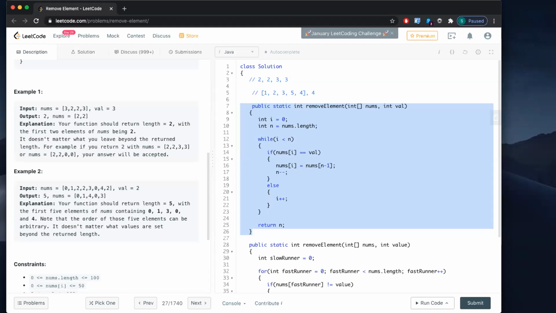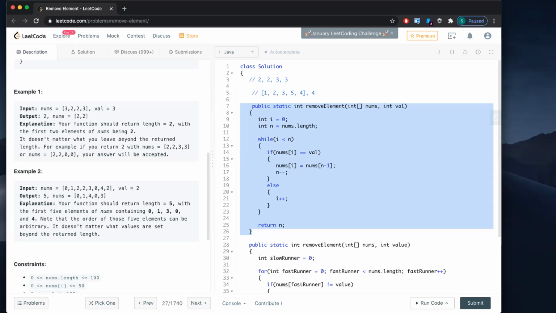It is not, so you just increment your i, and you keep on incrementing. At the end, when you see 4, you don't do anything. You don't increment your i, and you just return your n, because n will always be the length. Okay, here you are actually decrementing n.